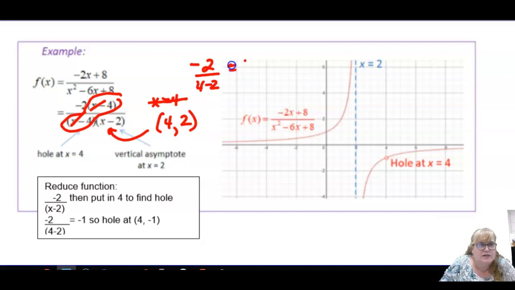So this is -2 over 2, which is -1. So the hole turned out to be at (4, -1). All right, you have that example on your reference sheet.